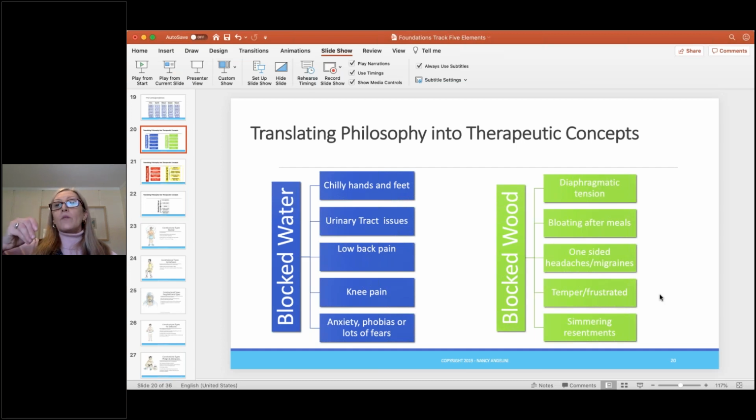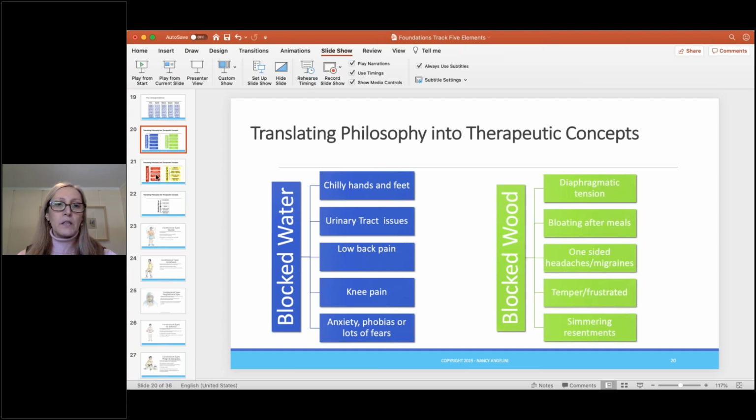But if that's there with all these other things, especially digestion stuff and the bloating, and the headaches, right? I met this guy. It's not just guys, women can be blocked wood too, right? But I met this guy, and he had a migraine every day of his life. Talk about blocked wood, right?